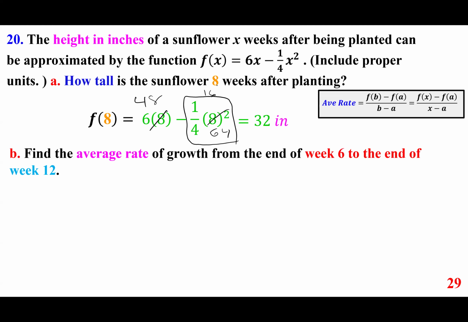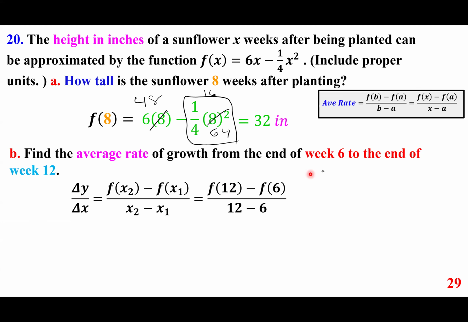Find the average rate of growth from the end of week 6 to the end of week 12, f of b minus f of a over b minus a, or f of x minus f of a over x minus a. That means basically rise over run. f of 12 minus f of 6 over 12 minus 6. That's the meaning of it.